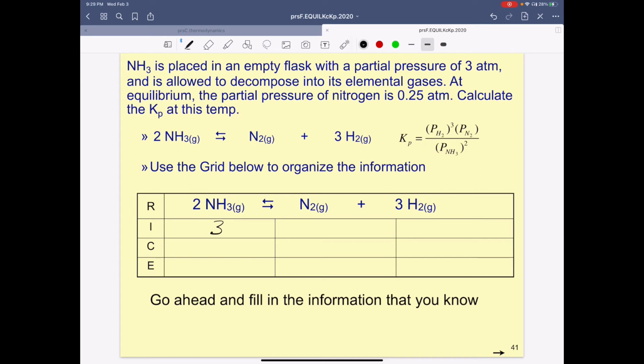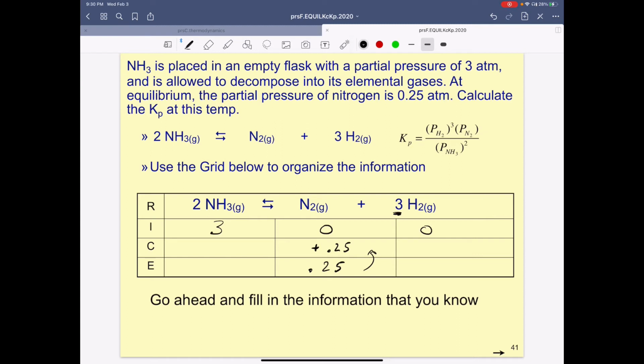3. An empty flask tells us 0 of each of these. And then, of course, we've got some information at equilibrium. We've got 0.25 of the N2. That, of course, gives us information that we must have formed 0.25 of this nitrogen.